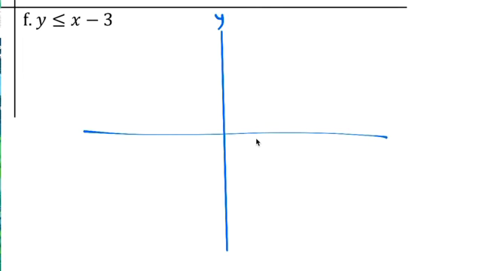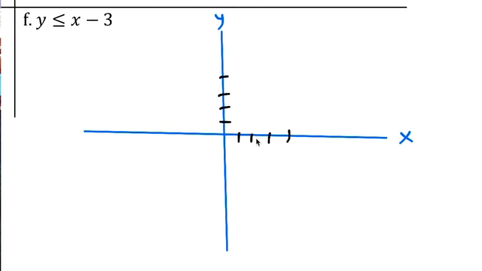Okay, so this one, same thing. Here's your y axis, here's your x axis, and draw in your lines. Okay, let's number them. 2, 4, -2, -4. Start out at -3, which is right there. You go up 1 over 1, right?